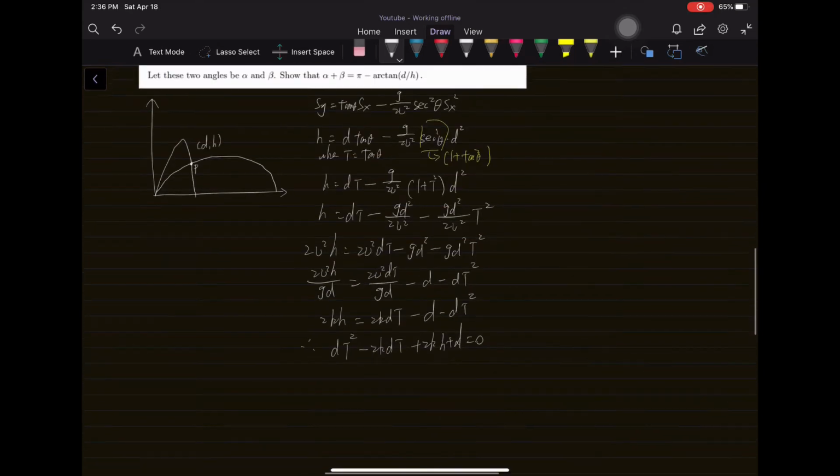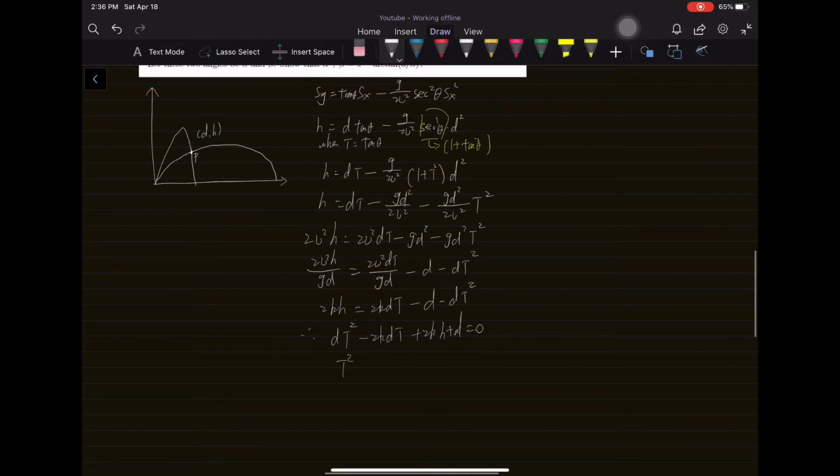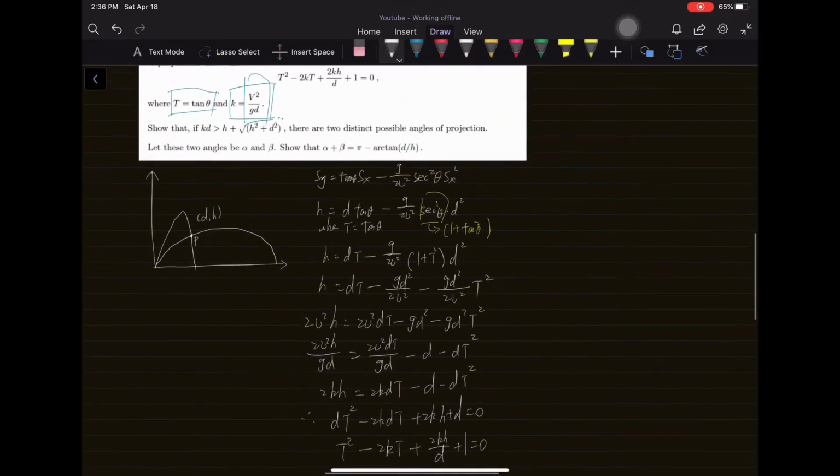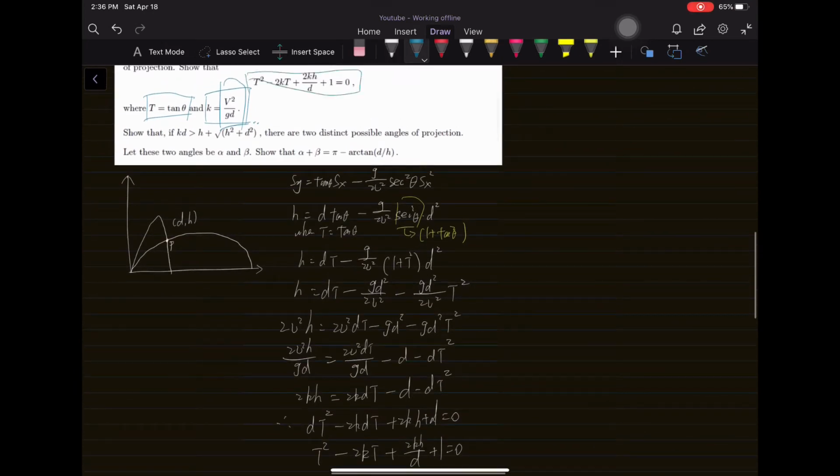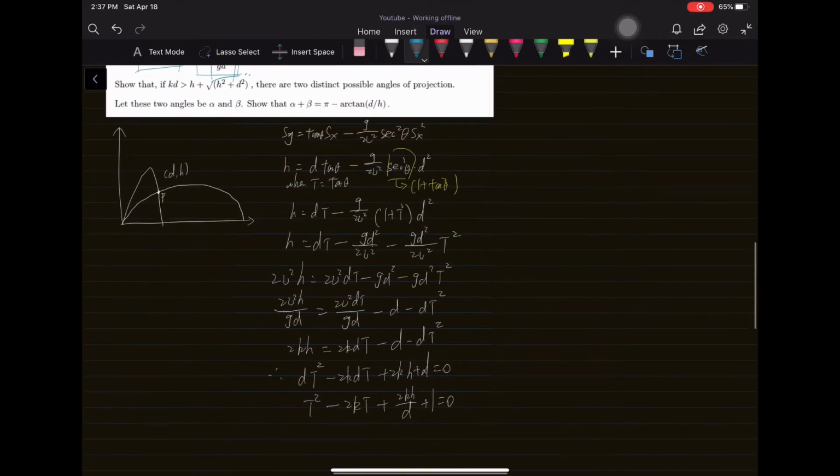And we divide by d. t squared minus 2kt plus 2kh over d plus 1 equals 0. That's exactly what we need. So the first one is sorted.